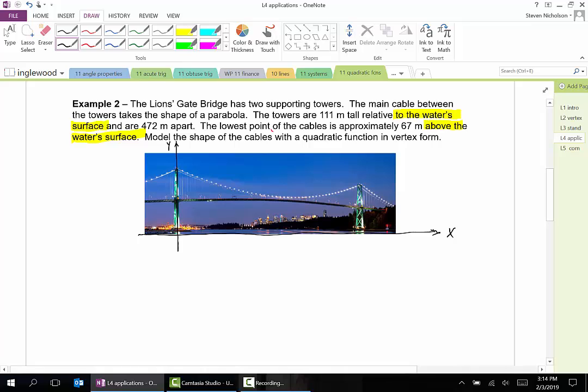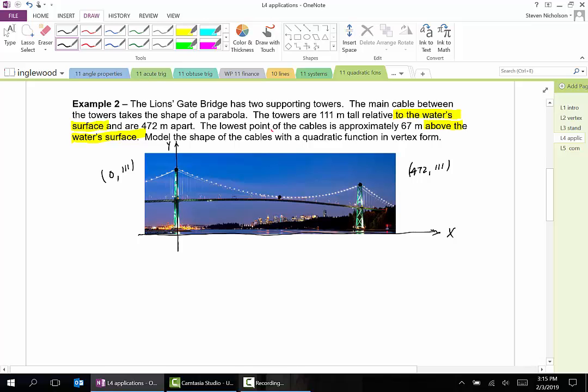So here's what I know then. Based on the story, I know my x-coordinate for this point is 0, and I know the towers are 111 meters tall relative to the water, so I know that one is (0, 111). I know that my towers are 472 meters apart, so this one would be (472, 111).